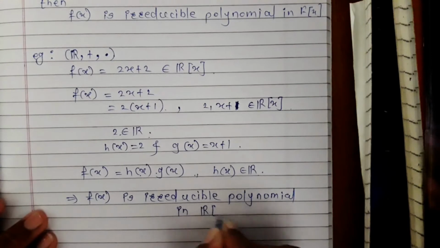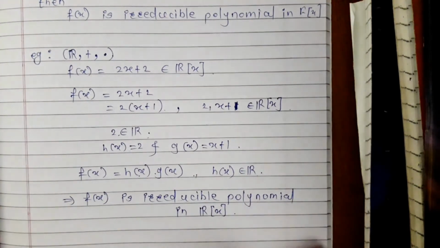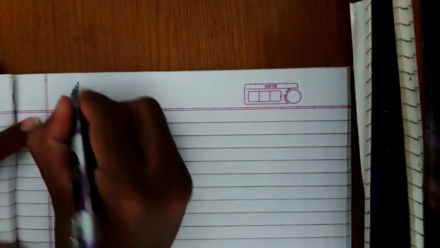in polynomial ring R[x]. Now the next definition is reducible polynomial.